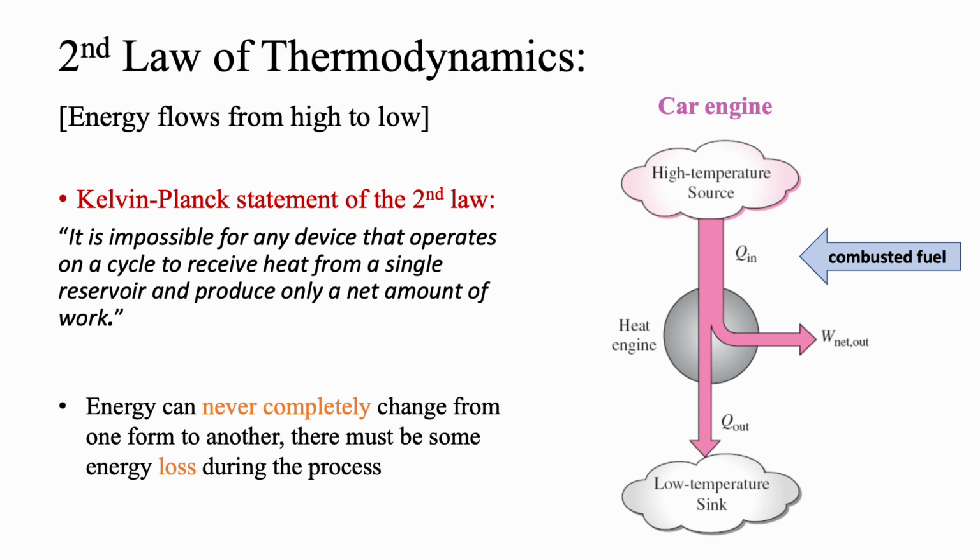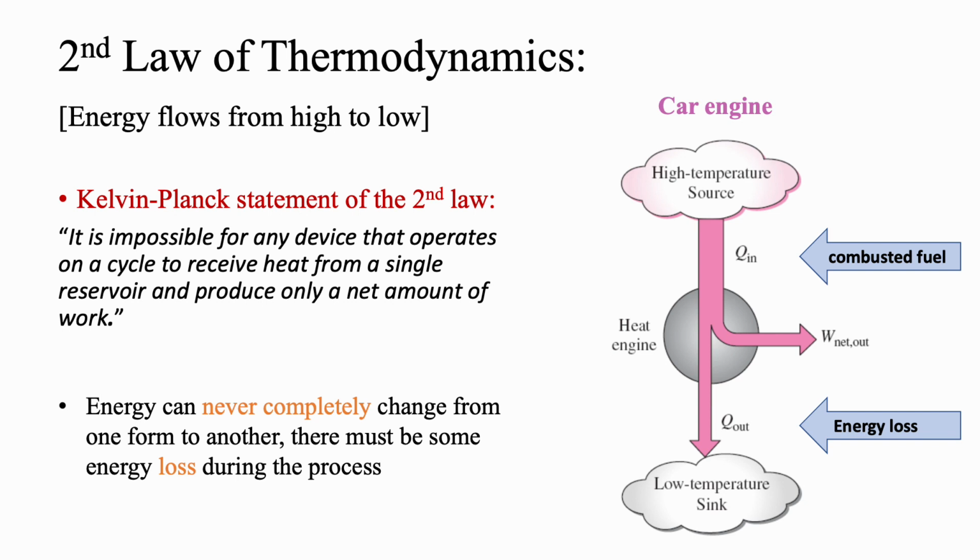However, based on the Kelvin-Planck statement, you can never produce 100% work from the provided energy, and there must be some energy lost during the process, denoted as Q out, that is rejected to a lower energy reservoir, which in this case is the atmosphere.